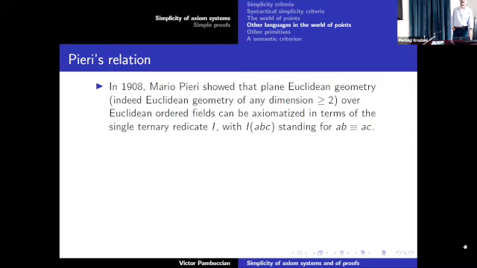So a ternary relation is a must. And what Pieri says is that just one ternary relation is enough.